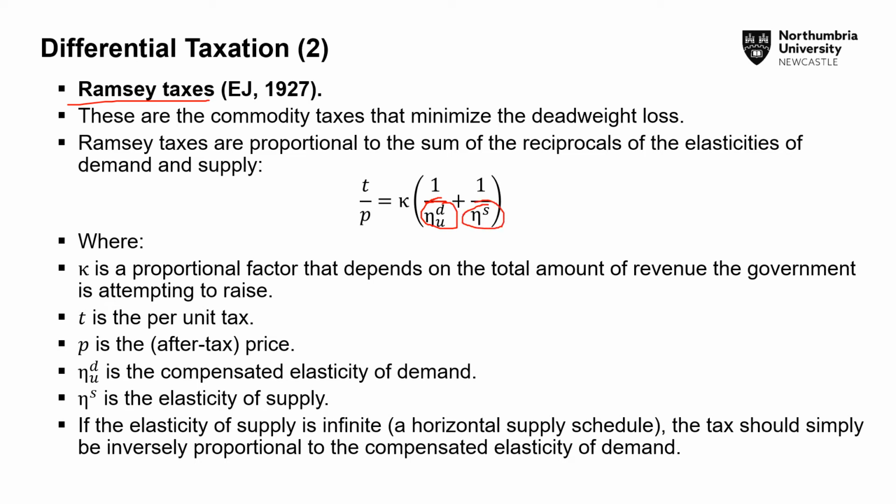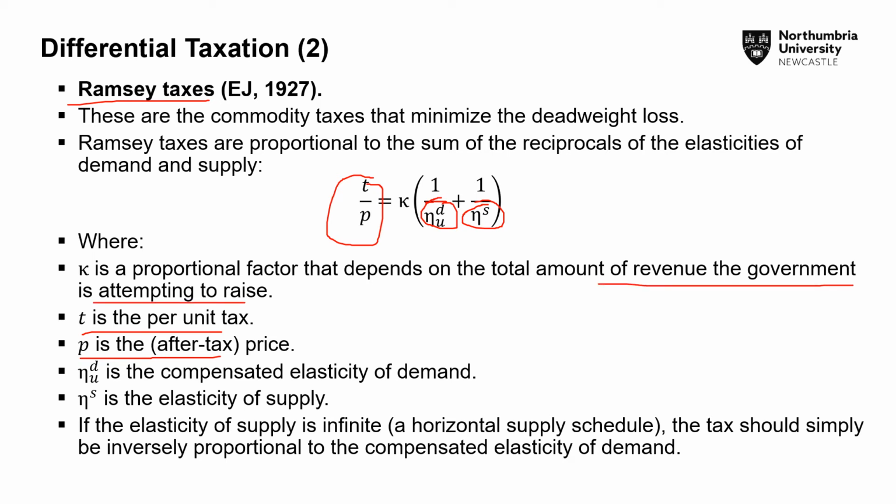And we define the so-called Ramsey taxes as the ratio of the tax per unit to the price that is received after a tax. So this is this ratio here. And this is proportional, in other words, directly related to the total amount of revenue K that a government is attempting to raise.